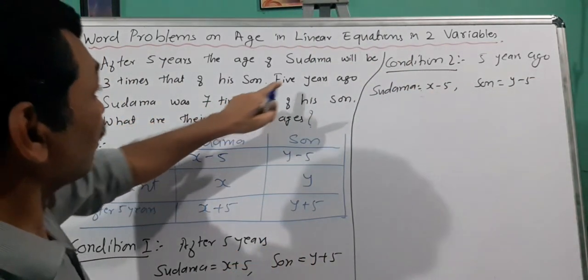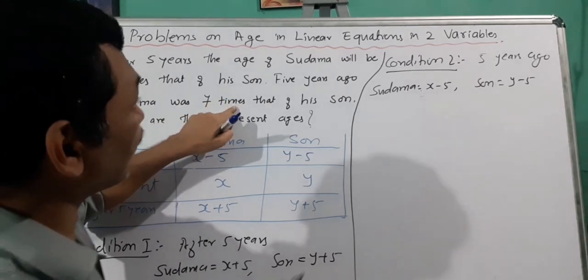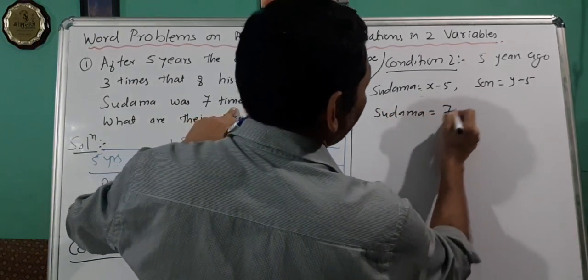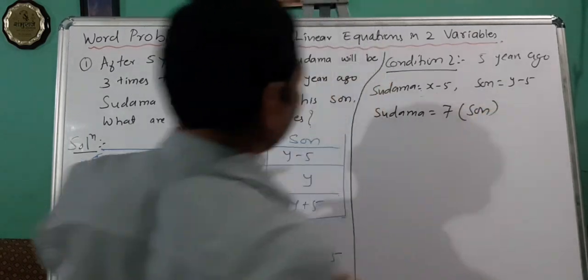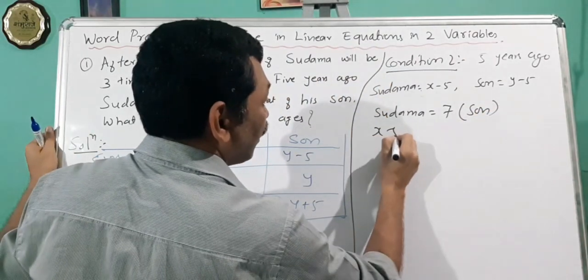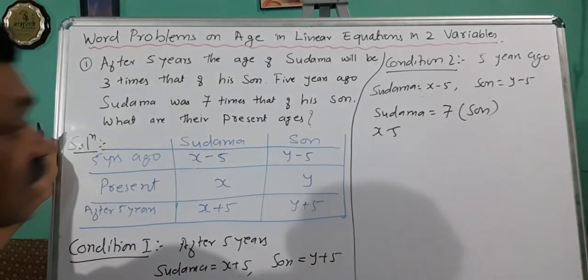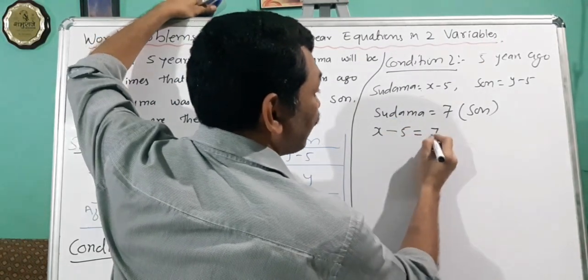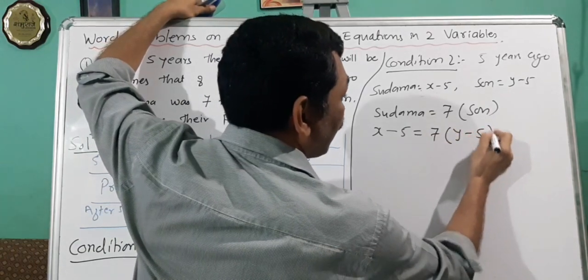And given condition, Sudama was 7 times his son. So x minus 5 is equal to 7 times y minus 5.